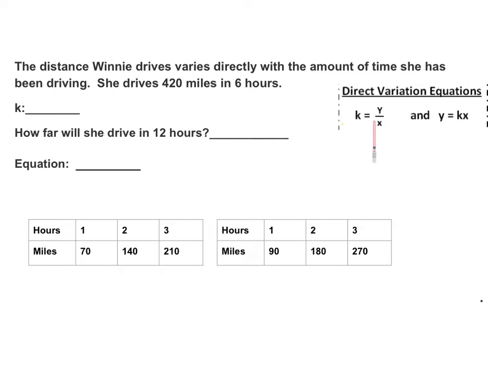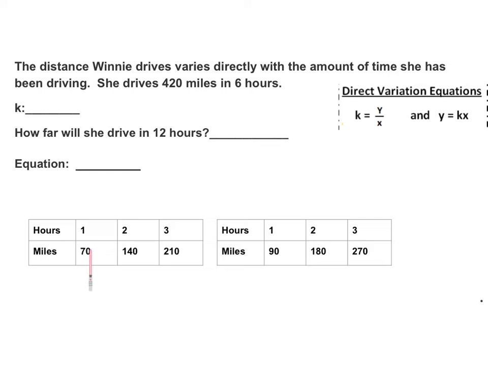We need to see if we can find a K, which is a constant rate of change, whether we look at a table or if it tells us directly in the problem. That is going to be key to see if we have a direct variation.